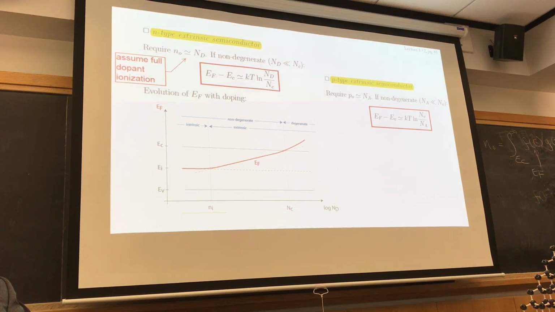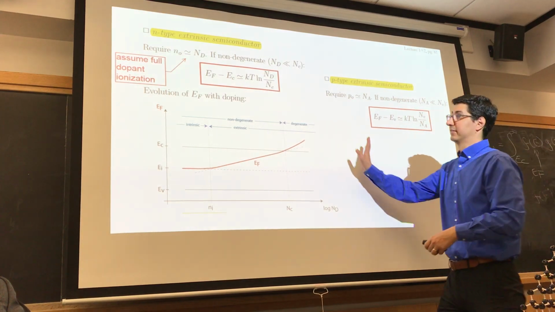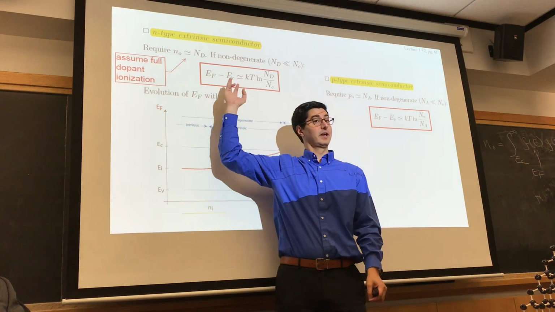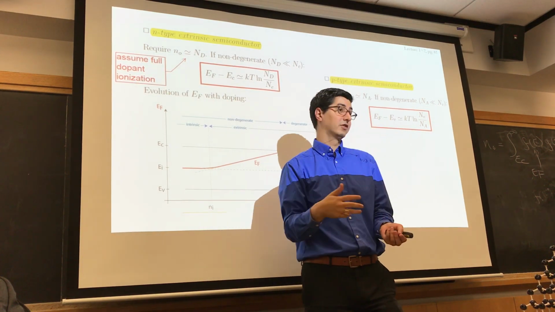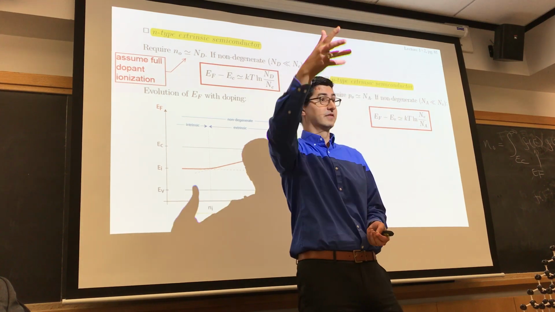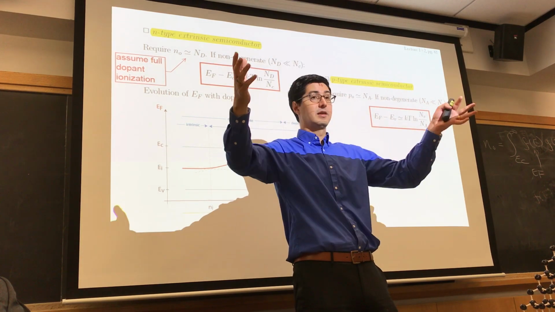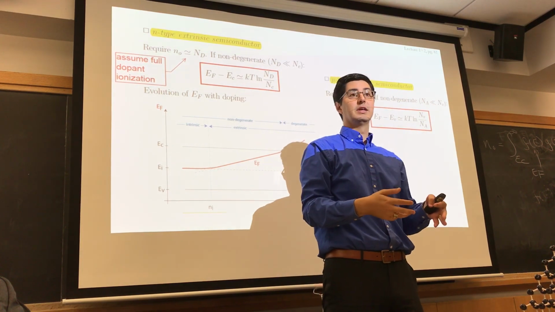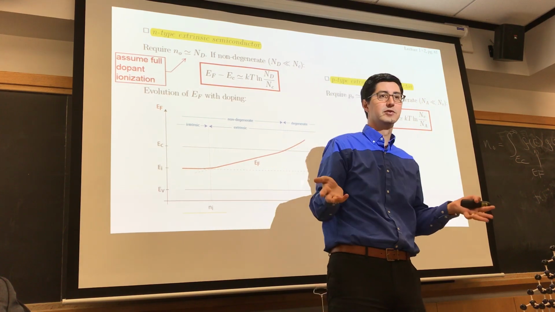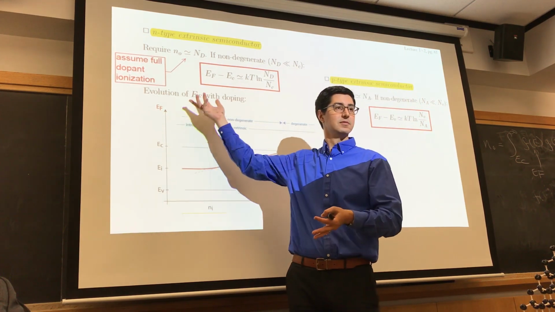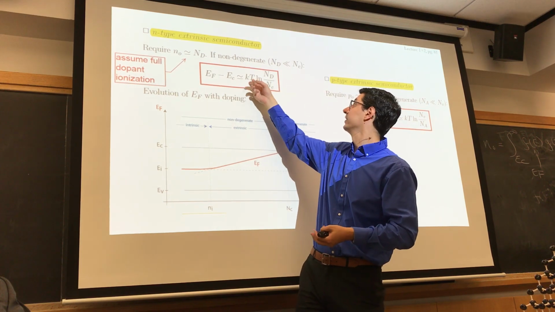Okay, so in an n-type extrinsic semiconductor, it's not a different equation. It looks like a different equation, but it's my same equation for n₀. n₀ equals the density of states of the conduction band times some exponential of (E_F minus E_C) over kT. I'm just solving that for E_C minus E_F. Okay? So I know what n₀ is.